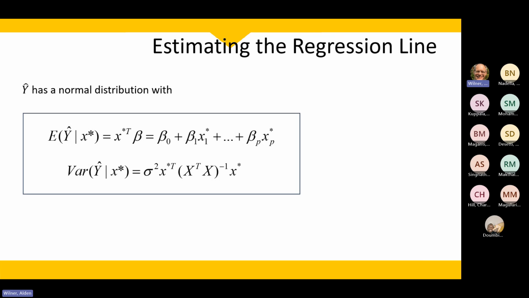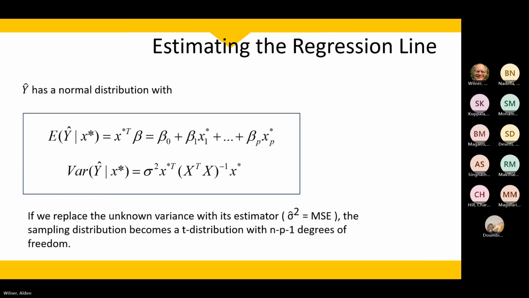Y hat has a normal distribution where our expected value is the regression line. Our variance is calculated by using some nice matrix algebra.